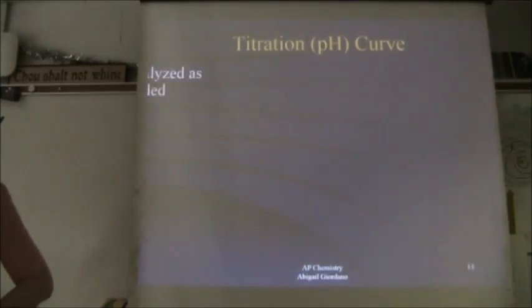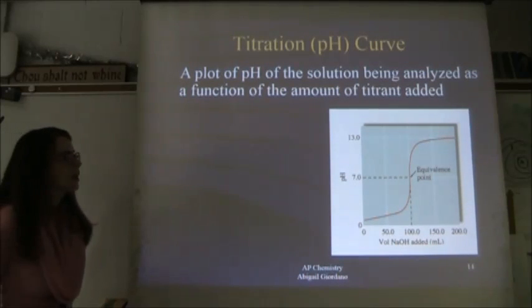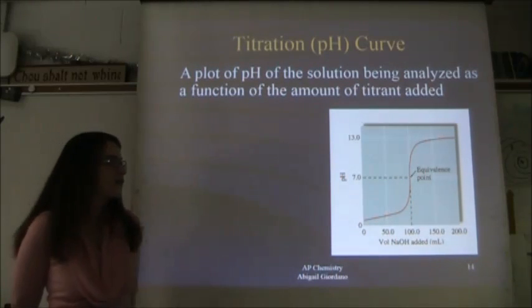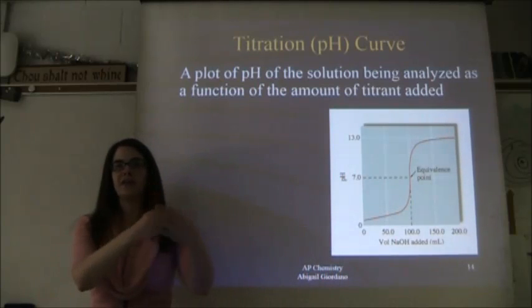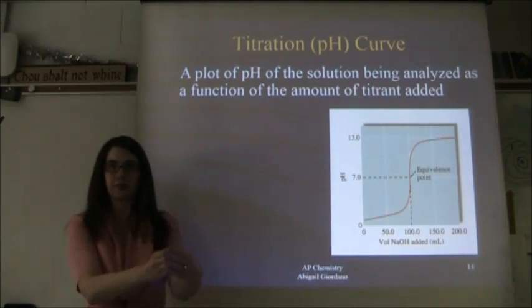And we're going to see a lot of graphs in this section, all right? For example, this graph, here's the situation. You would have a set amount of acid. Okay, the amount of acid you have is not changing.